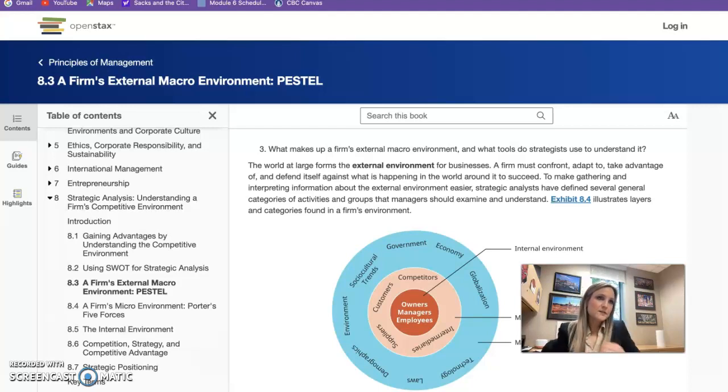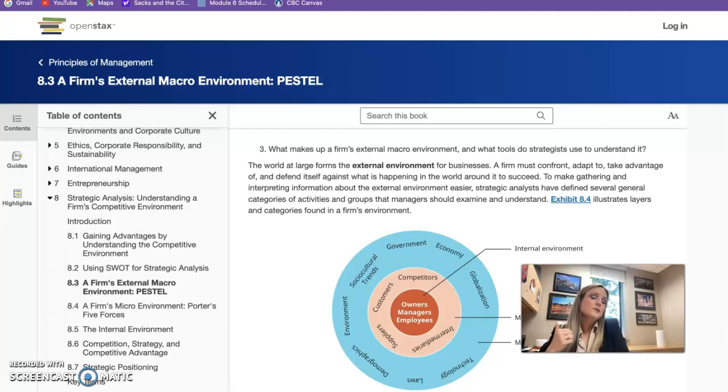So a firm's environment contains different elements, once again, that can impact the firm. All right. So it talks about macro environments, if you will, and these factors really are, regardless of the industry and the type they are, but it's just kind of out of their control.